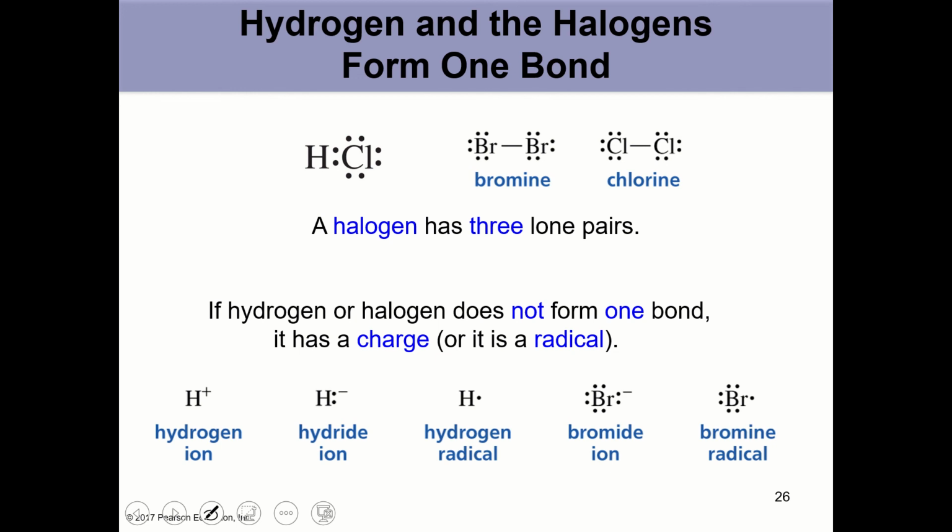A halogen can only form 1 bond. It's in group 7, so it has 7 valence electrons. It needs 1 more to get an octet, and that 1 more comes from the bond that it makes. So then it has an octet. So 1 bond means that it's going to have 6 dots when it's neutral.